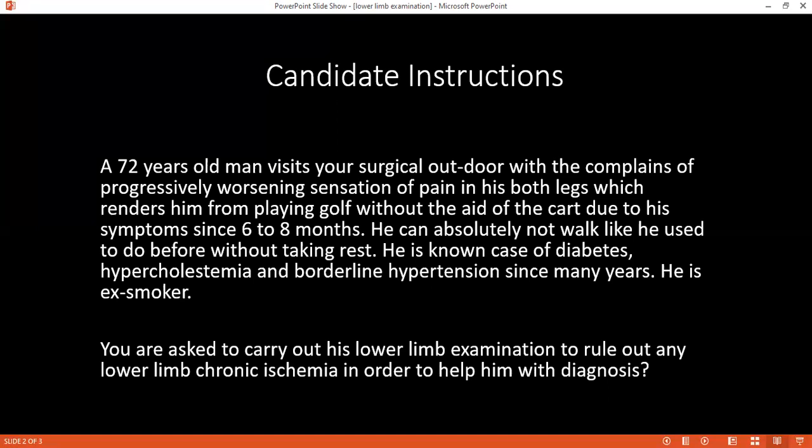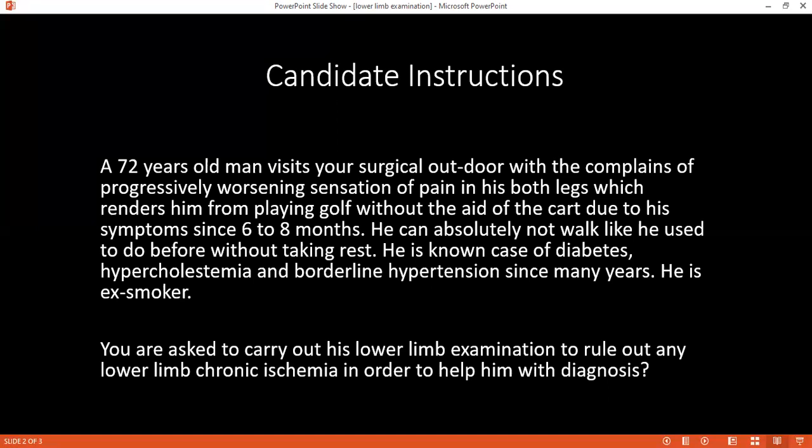Then after that, I will also auscultate for any bruit at the femoral artery at the medial aspect of the thigh, for the iliac artery at the inguinal point, and I will also auscultate for any aortic bruit or renal artery bruit.